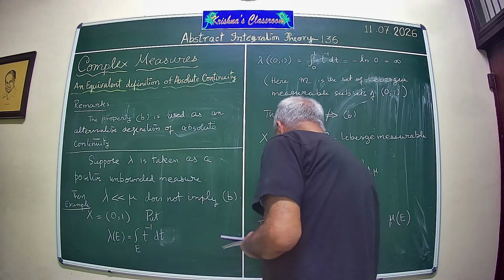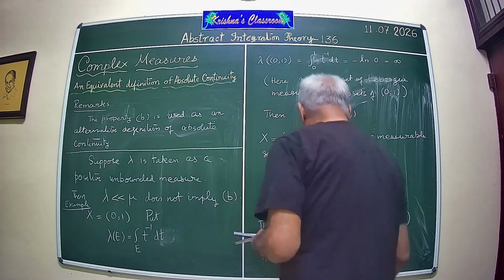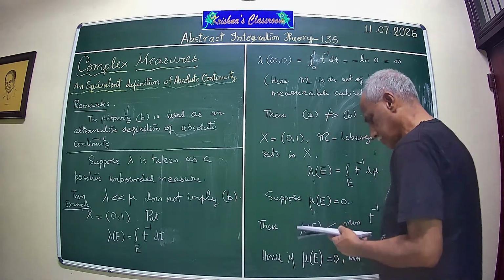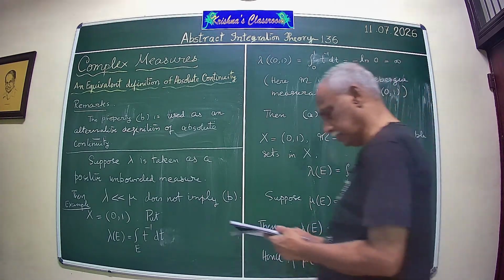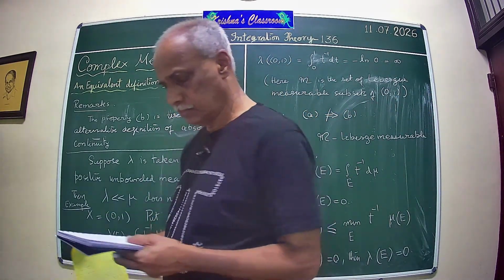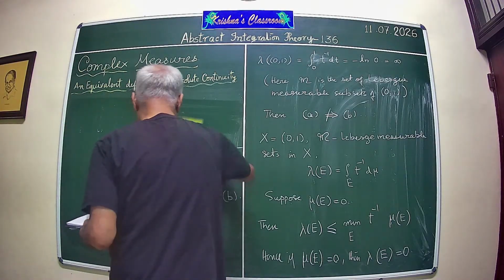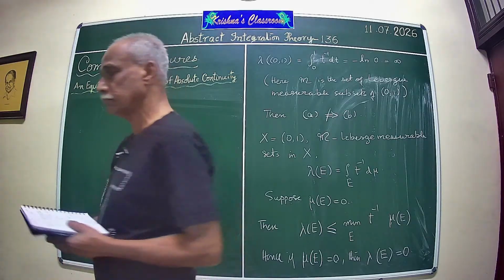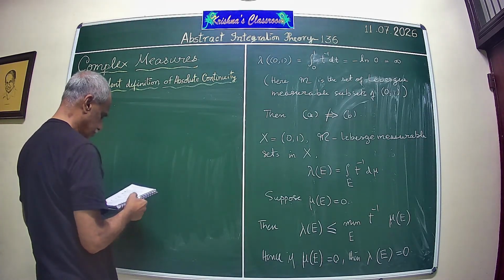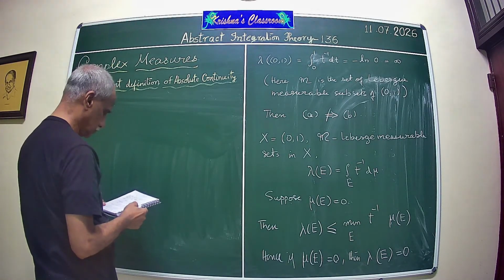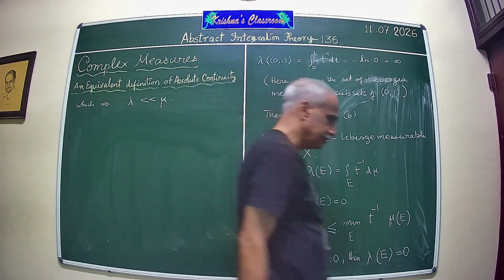Hence, if mu of E is equal to 0, then lambda of E is equal to 0, which implies lambda is less than 1. So that is satisfied.